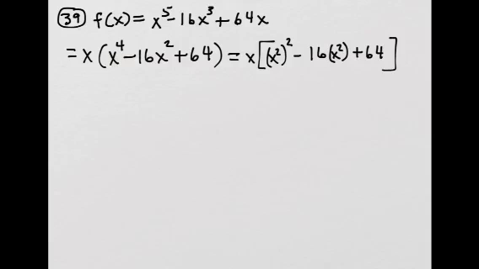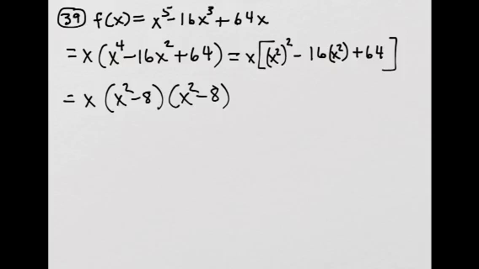So here is your x squared minus 16x plus 64. So you look for factors of 64 that add up to negative 16, and that would be negative 8 and negative 8. So this would be x squared minus 8, x squared minus 8.